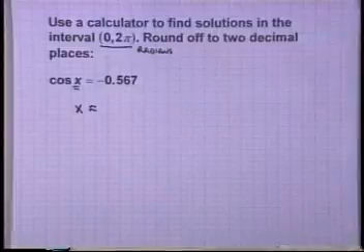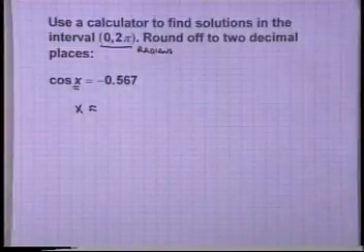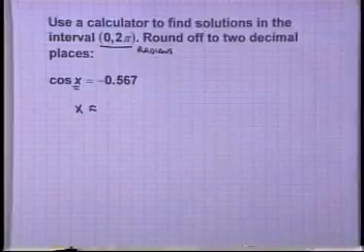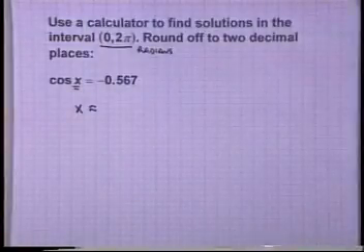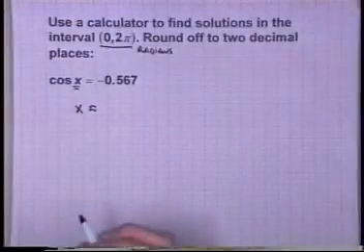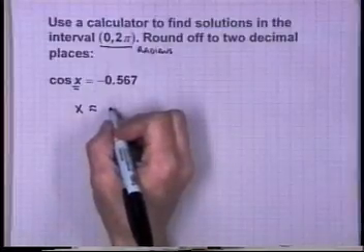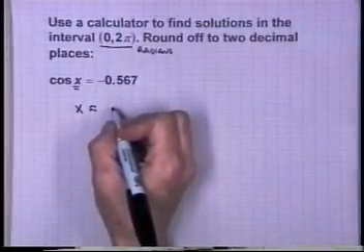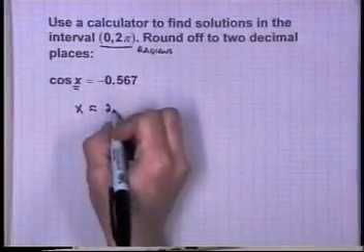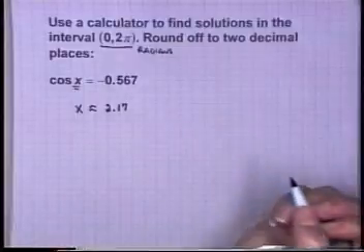You may do your inverse cosine key first and then do the -0.567. Others of you may put in that -0.567 first and then do inverse cosine. But if you will do that with your calculator, your display should be reading 2.173655573. We're going to round that off to 2.17.